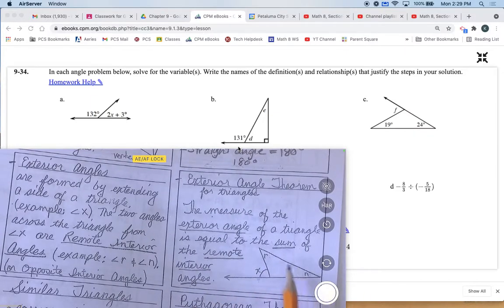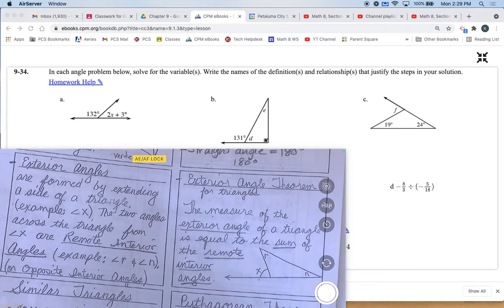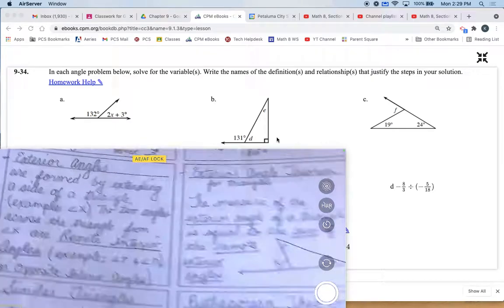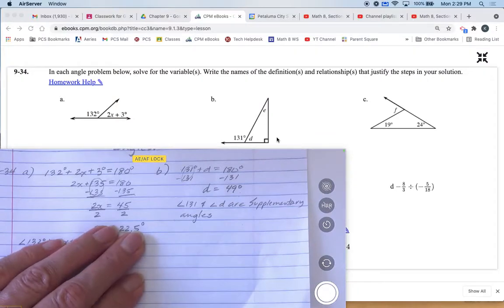So in this case, it's those two angles. But up here, this angle is going to be equal to the sum of this angle and this angle. And I already know what this angle is because this little square means that is a right angle. And so that is going to be 90 degrees.